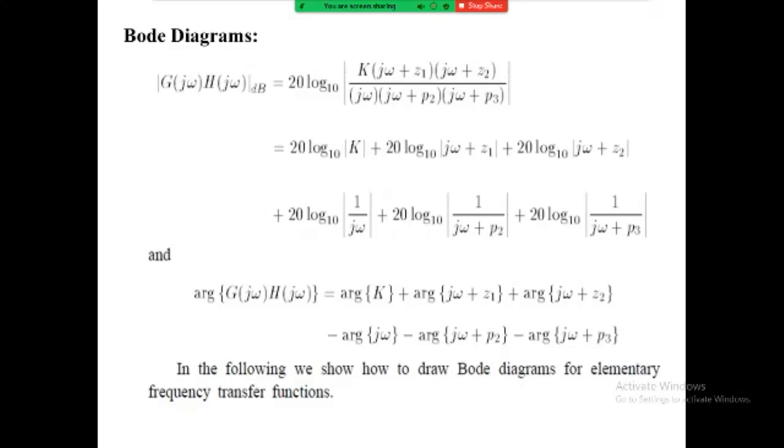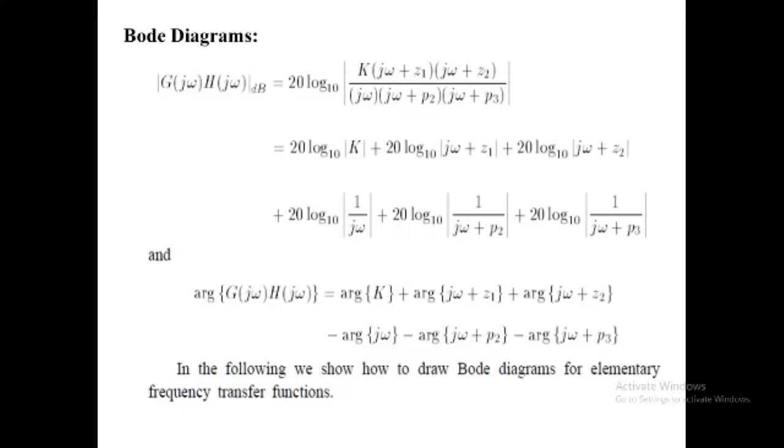In this section, we show how to plot these diagrams and how to read from them certain control system characteristics, such as the phase and gain stability margin and the constants required to determine the steady state error.